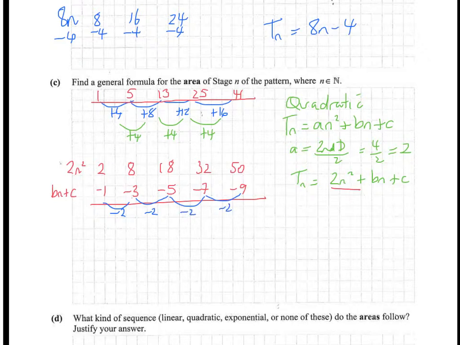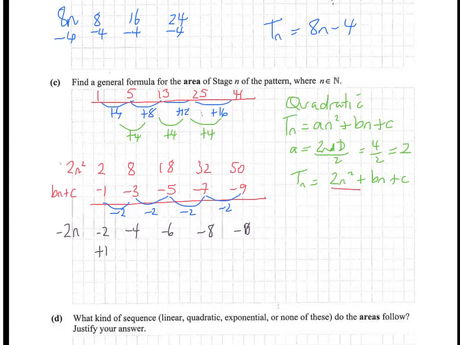So we know that this linear section is made up of the -2 times table: -2, -4, -6, -8, and -10. And what do I do to the -2 times table to get the linear sequence section? To -2, we add 1 to get to -1.